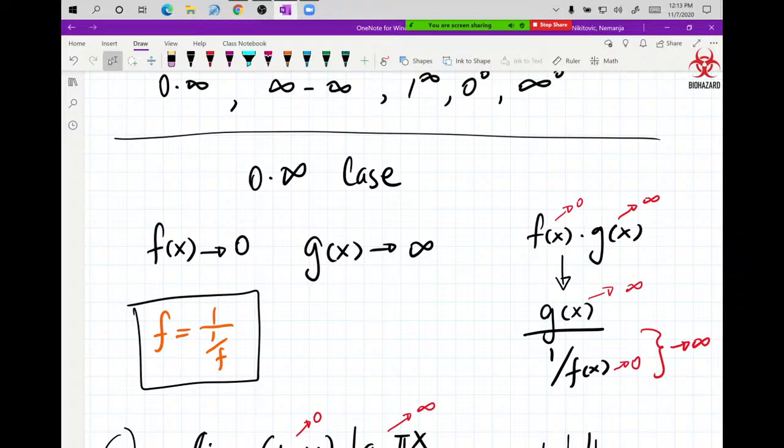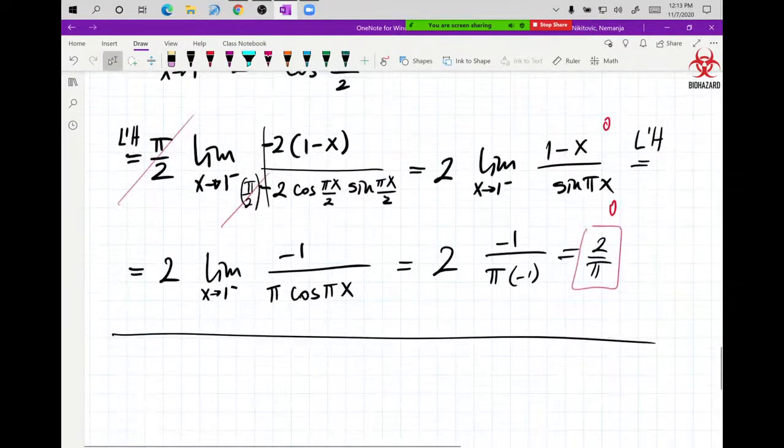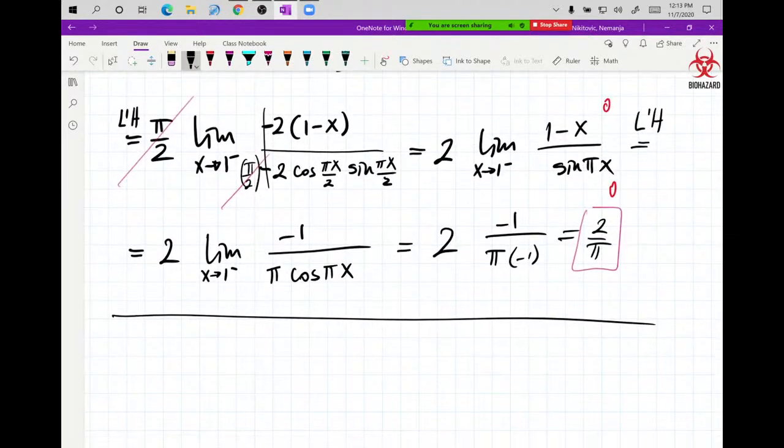All right. The next order of business is to talk about infinity minus infinity case, which is unfortunately a lot more work. Infinity minus infinity case has you really chasing this algebra around.